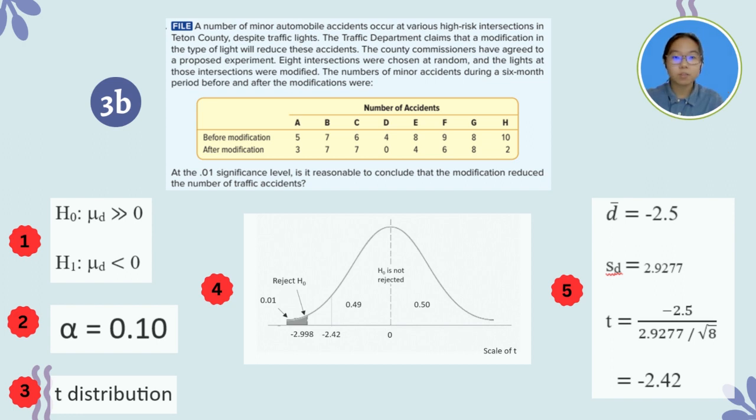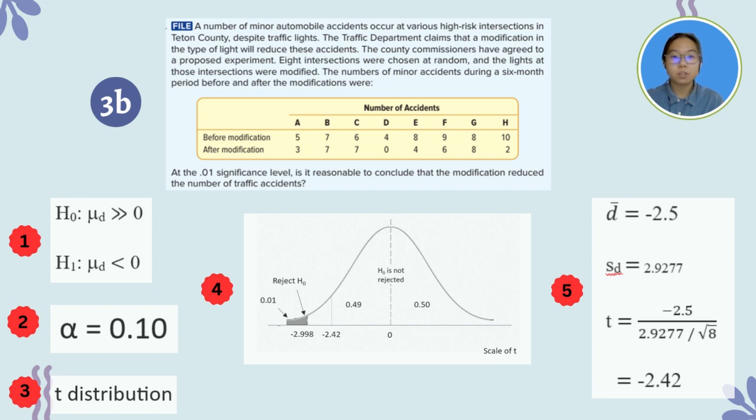Step 1, we state that H1: mean population difference is smaller than 0, while H0: mean population difference is larger than or equal to 0. Our significance level is 0.1, and we use the t-test as the standard deviation for the population is unknown. From the t-table, we found that the critical value is negative 2.998.